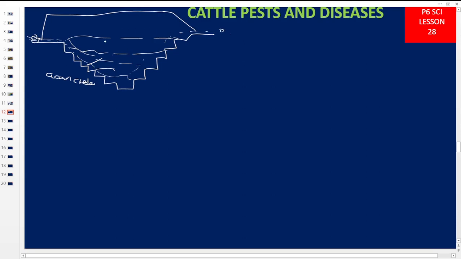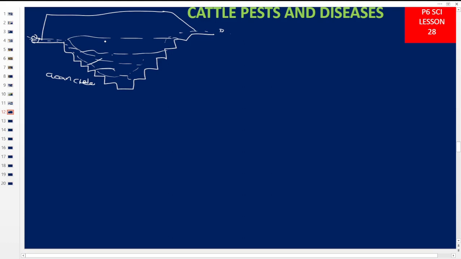The whole body is immersed in the acaricide, so every part of the body obtains the acaricide. Actually, dipping is the best method of controlling the external parasites, because every part of the body gets the chemicals. Once the ticks, mites, fleas, lice, and so on are there, they get killed. So that is what we call dipping.